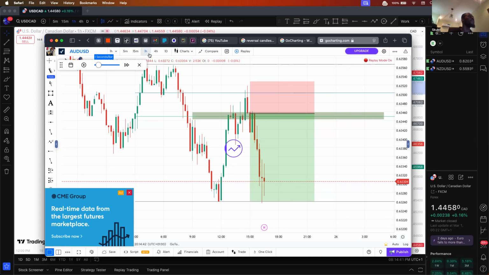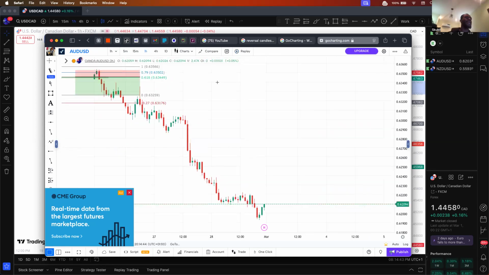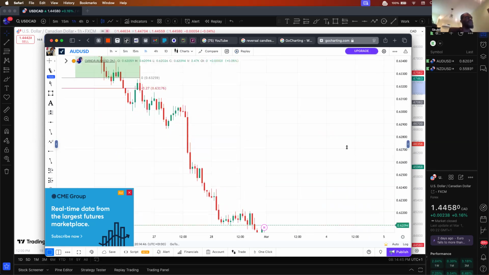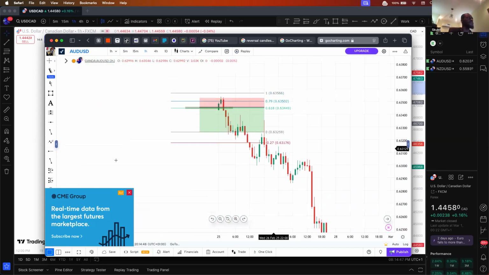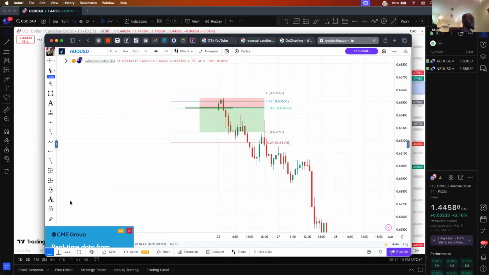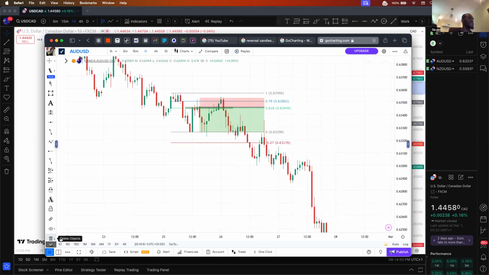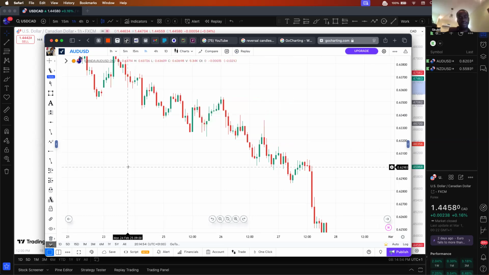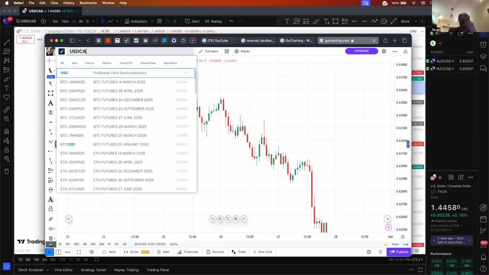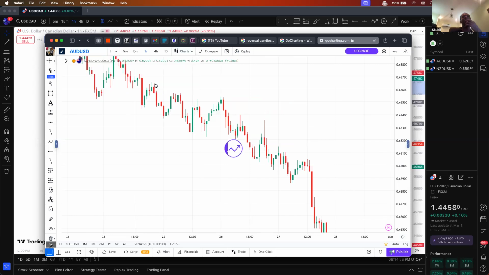So let's look for where we actually got a hammer candlestick for a buy. Let me see. Okay, USD CAD. I think we got a buy last week with candlestick confirmations on USD CAD.